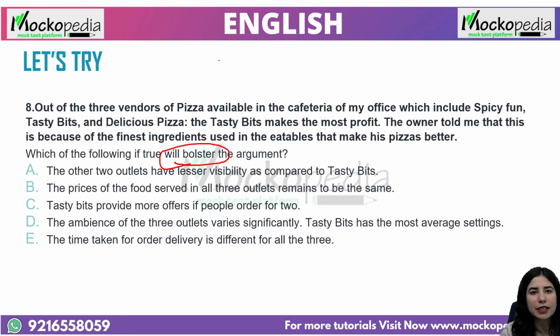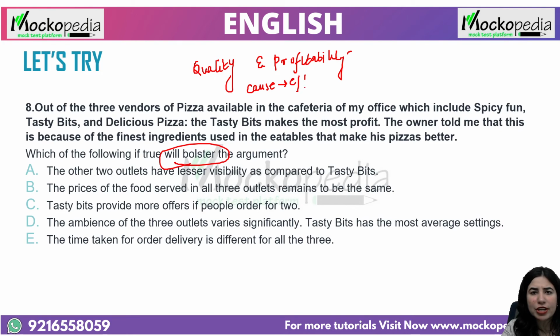better. So this is clearly suggesting that profitability is because of the quality of pizzas, right? So there is a cause and effect relationship, quality and profitability, right? So we can easily say that both these things are interrelated, right? So again, if you can see, this is having a cause and effect relationship.